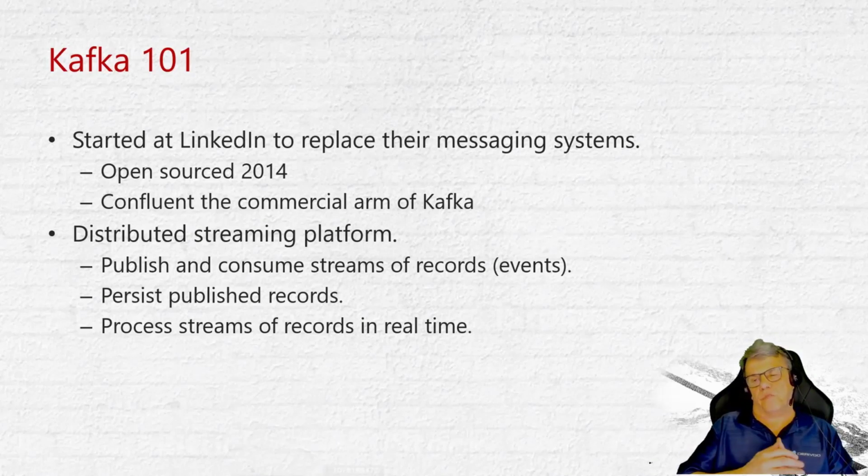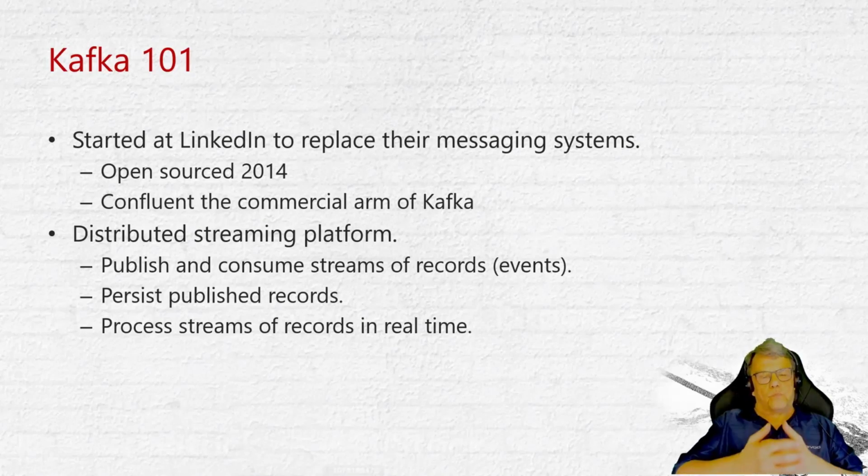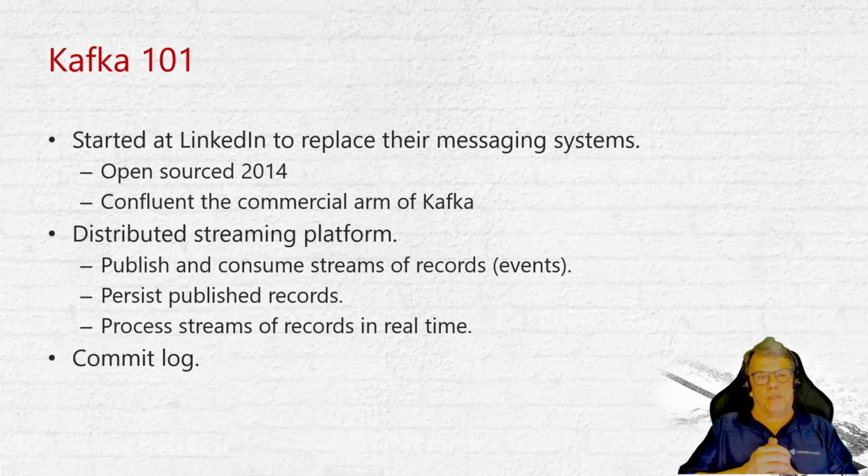We can call them messages as well if we want, but let's call them records. The records are persisted by default, which is good. And by persisting these records, we also have the ability to process streams of these records in real time.